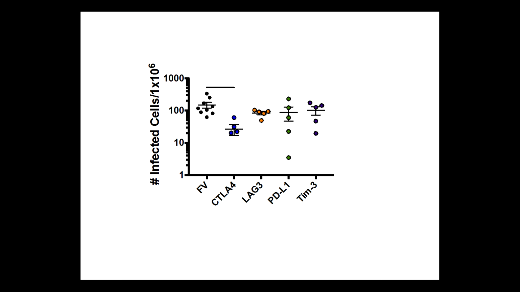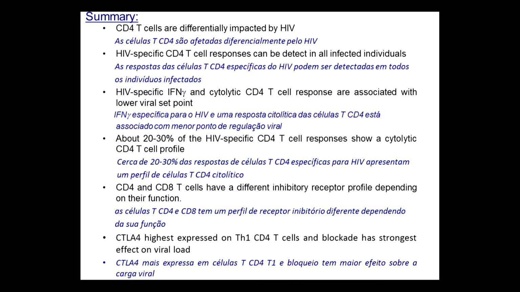So to sum up what I showed you in this overview of the CD4 T cell responses: CD4 T cells are differently impacted by HIV. We are detecting CD4 T cell responses in almost all of our individuals, but what is interesting is that some of those HIV-specific responses are not only interferon gamma secreting, but have a direct antiviral effect.